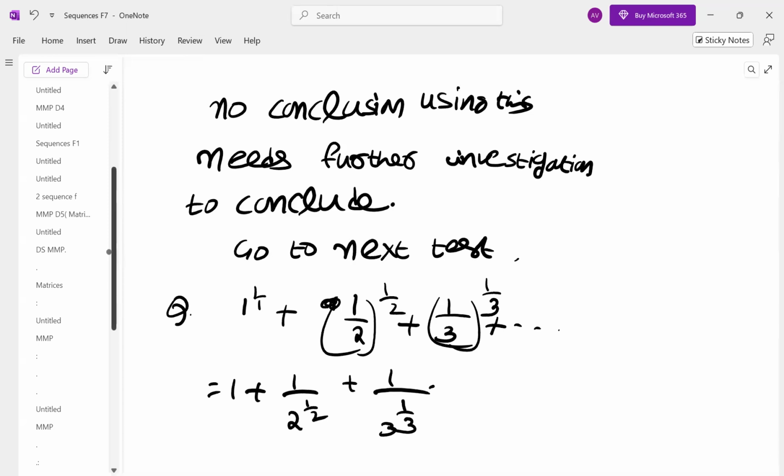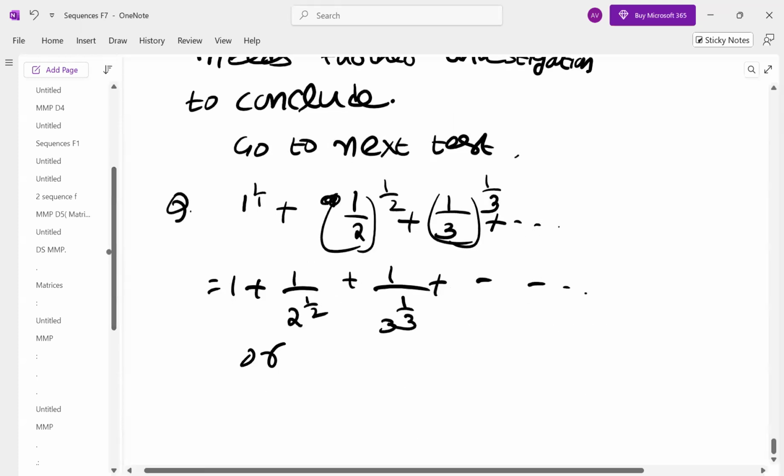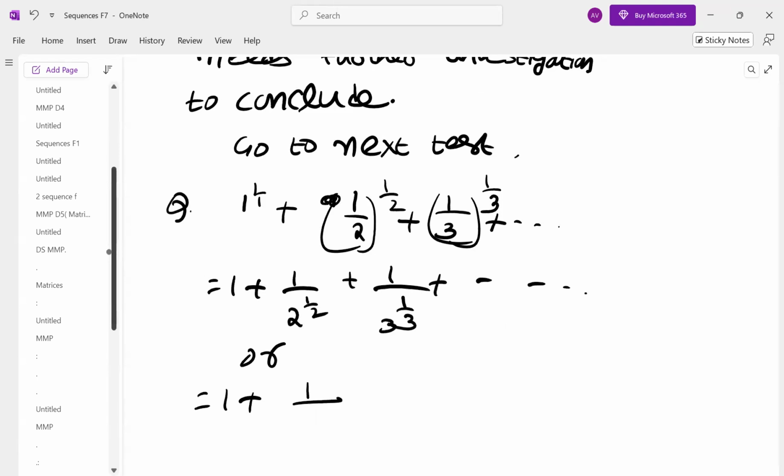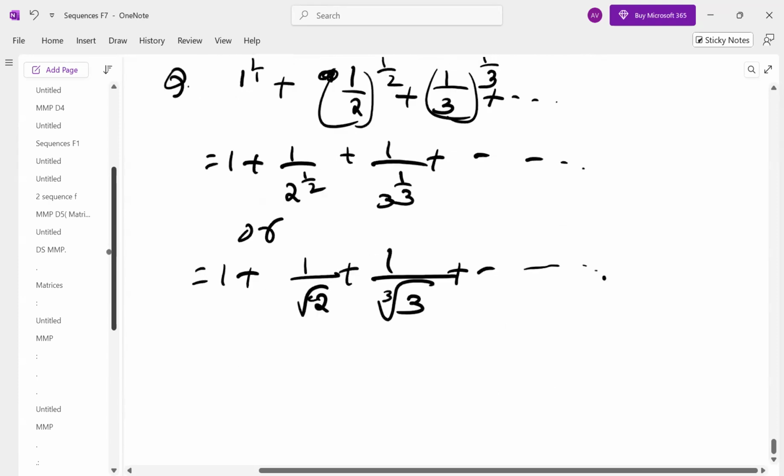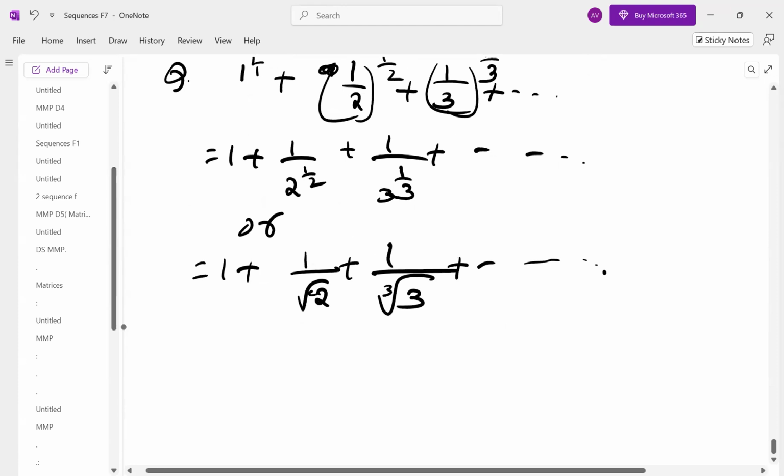It may be given like this, or it may be given in another format: root 2, cube root of 3, and so on. So how to know this?